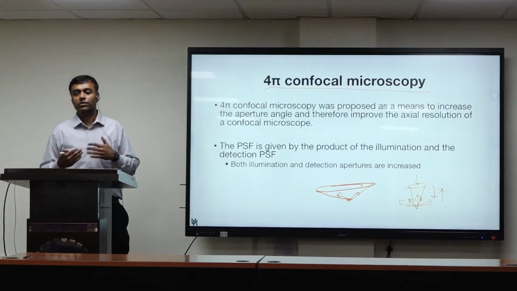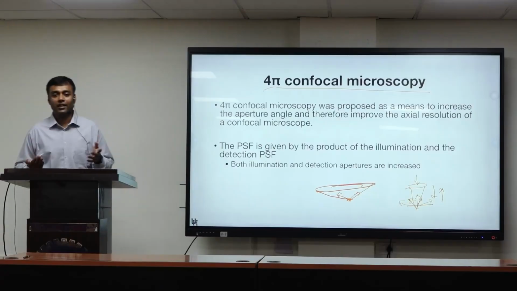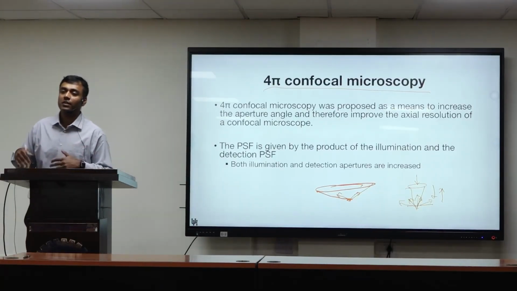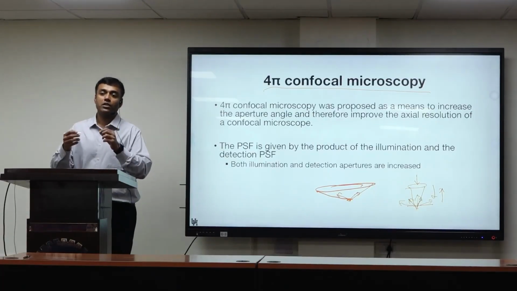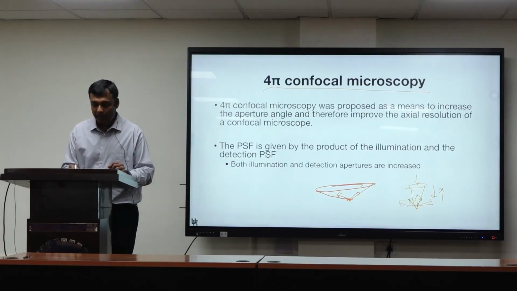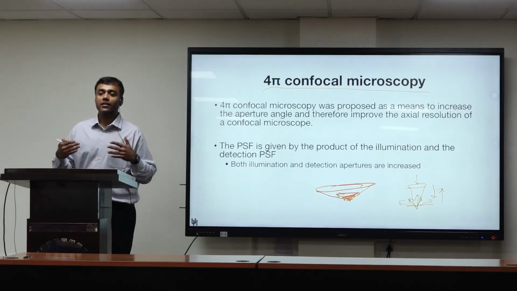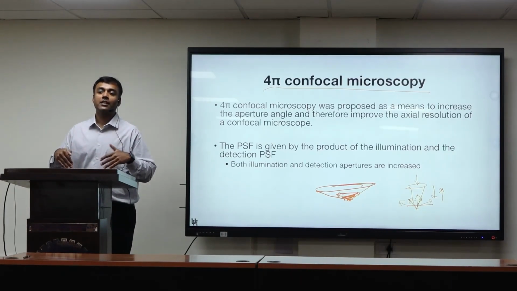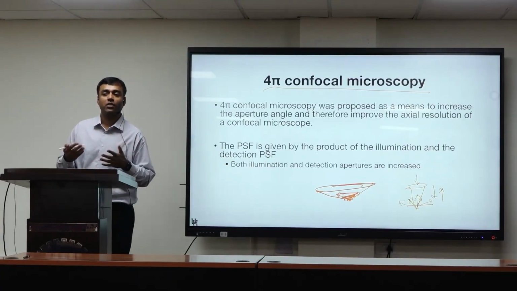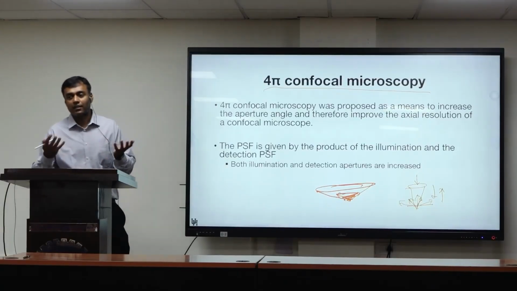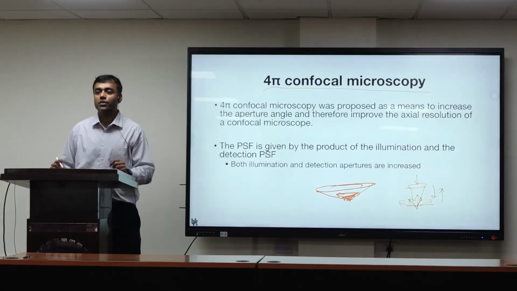The best you can do in air is 1. If you want to get better than that, you put in water immersion. So the medium here can be water, and that way you can get even better NA, and then you can get even higher if you put in some oil of some sort. That way you can collect more and more angles of light that comes back and gets focused.